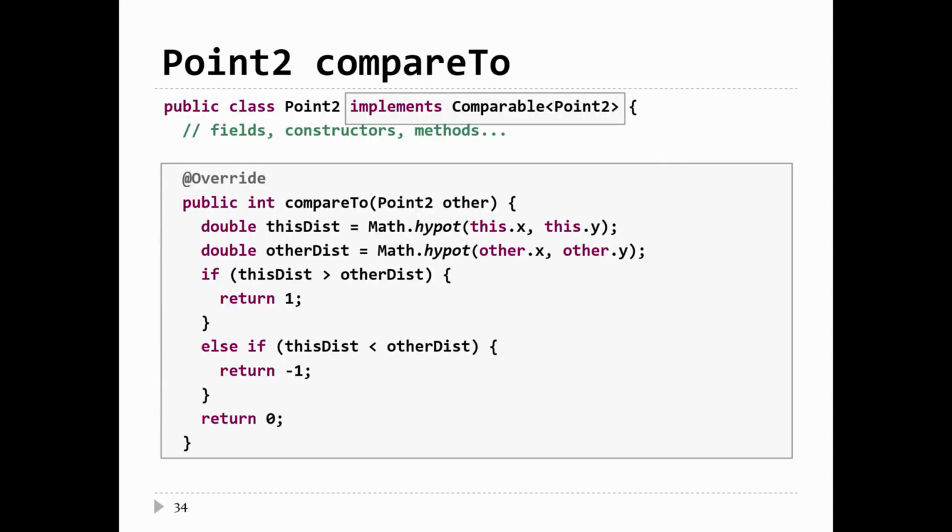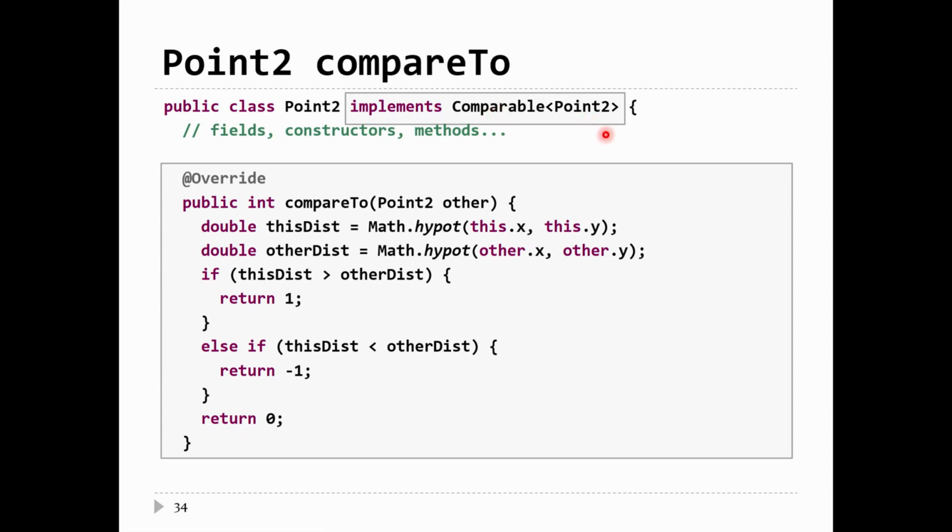Okay, so in our Point2 class, the very first thing we have to do is state that we want to implement this interface. What you do is you put in the keyword implements after the name of the class, and then say what interface you want to implement. Well, we want to implement the Comparable<Point2> interface.